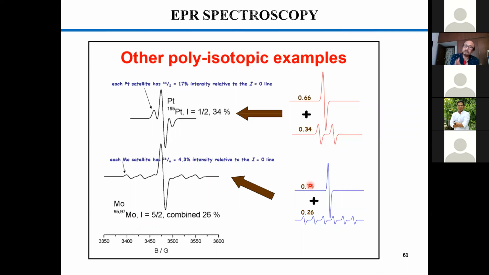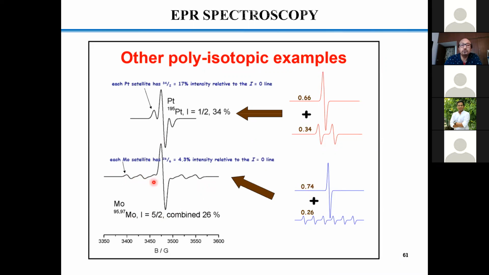So to understand one particular case: it is 26%, Moly 95 and 97. But the rest, Moly 94 and 96, that means 74%, gives one line. So you have one sharp line, and on both sides you have a total of 6 lines.